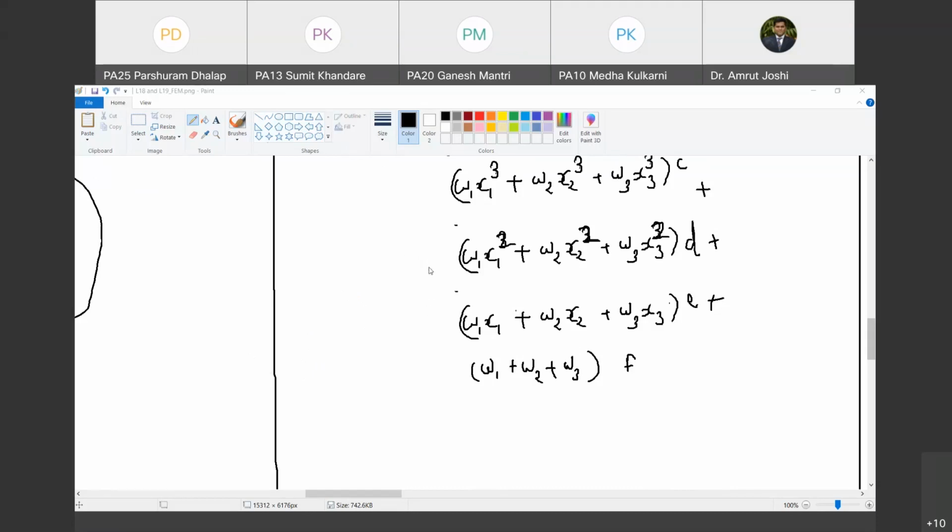So when it is 3 point Gauss quadrature, hmm, 1 minute. Just give me a second.